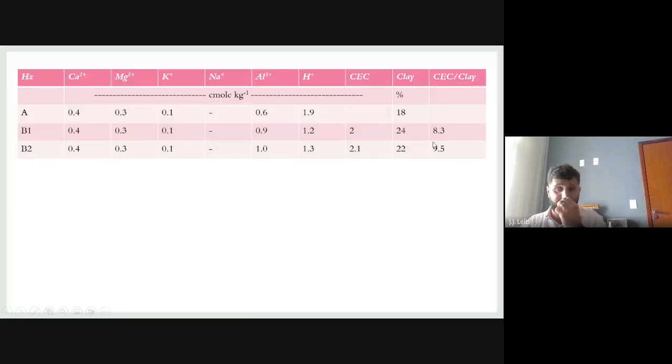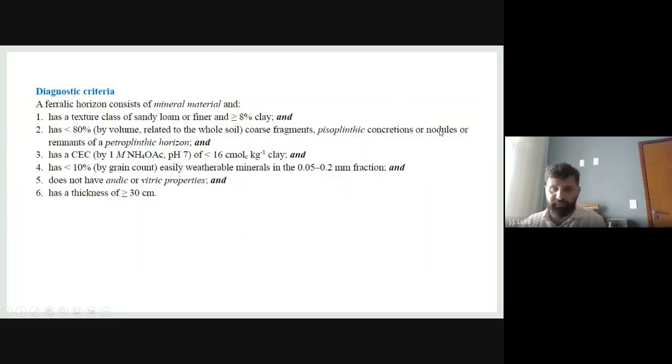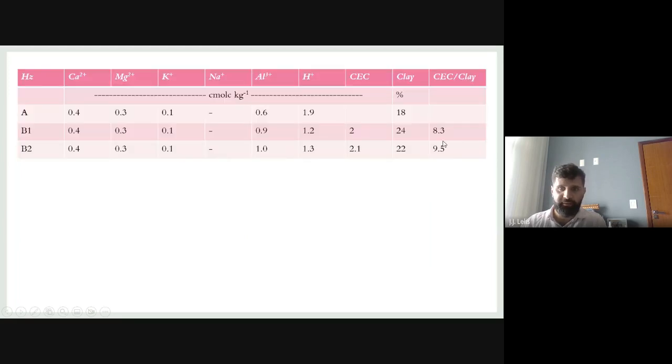So in this case, we have values that are below 16. So the B1 and B2 follow the criteria to identify a ferralic horizon. They present low activity clays, in both cases, B1 and B2.